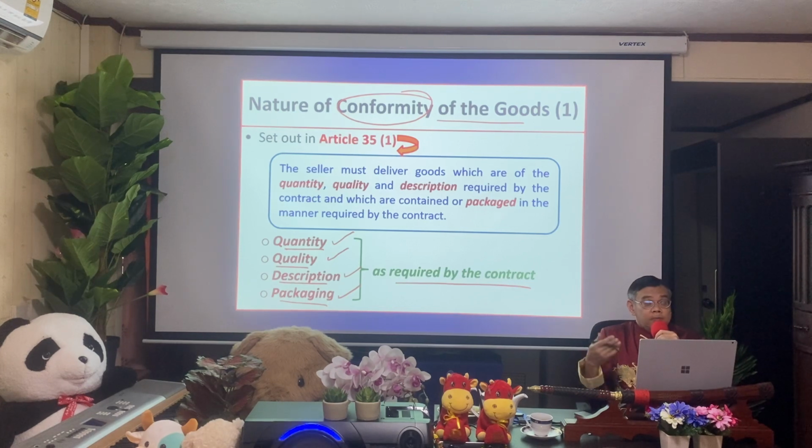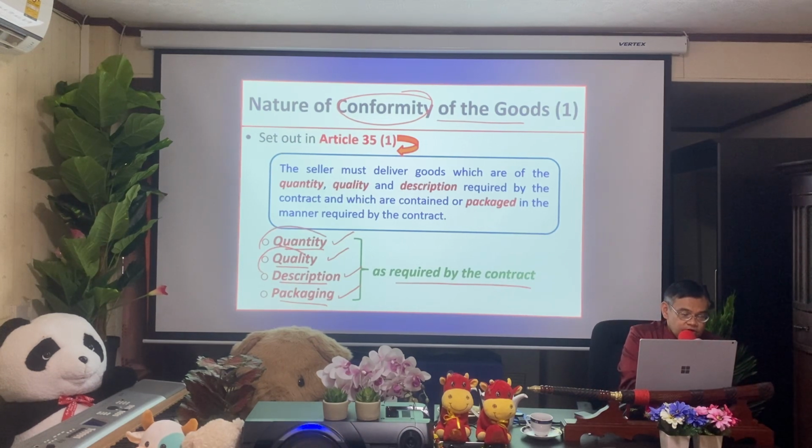Party A and party B to this contract can just agree on the quality, description, and packaging, so that they must conform with the contract. They must be as required by the contract. This is addressed by Article 35.1.